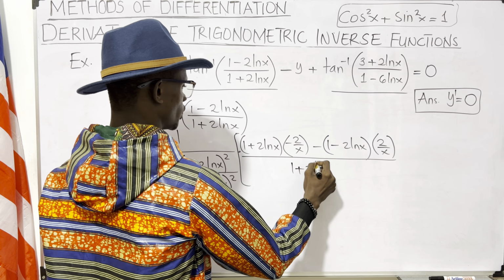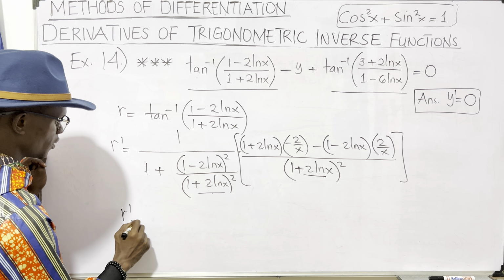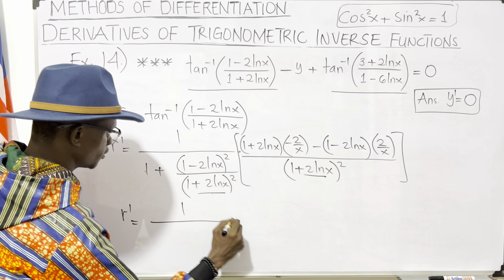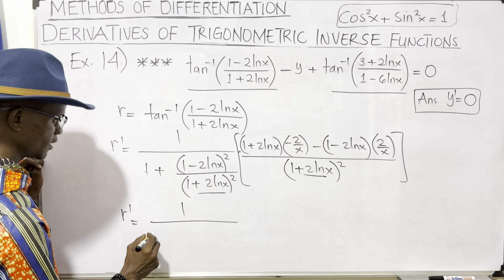We can see that this will cancel this, but we first need to multiply this by this 1. So r prime equals 1 over, multiplying this and this gives us 1 plus 2 ln of x all squared, times the expression, which we can expand, but let's hold on to it first, divided by 1 plus 2 ln of x, which of course is going to cancel.